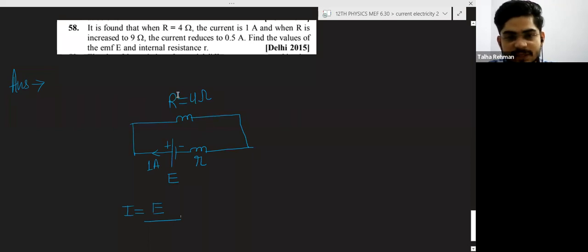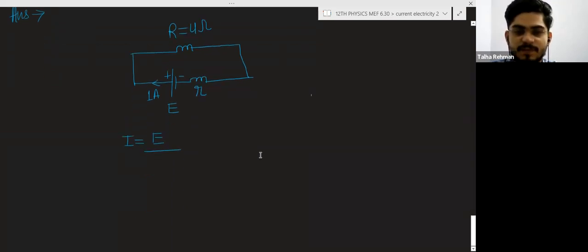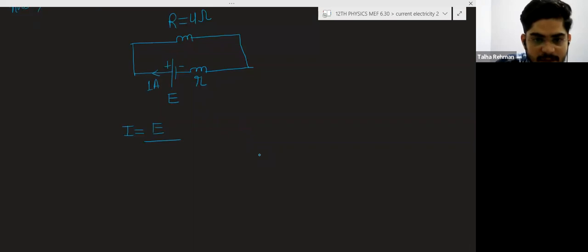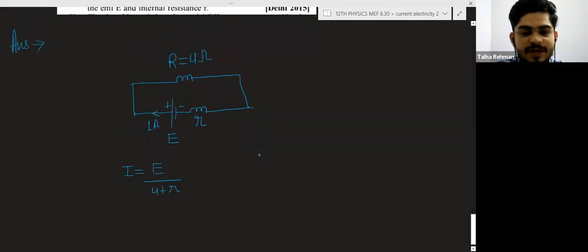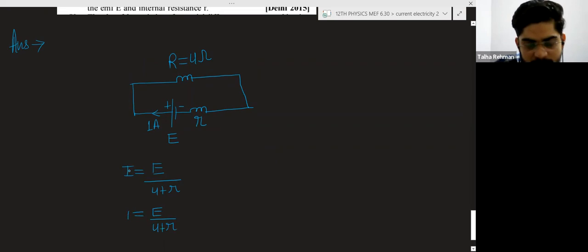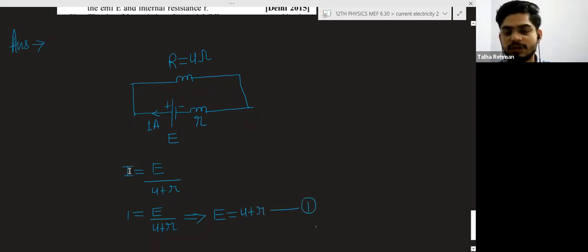Equivalent resistance will be the sum of this resistance and this resistance, because these two resistances are connected in series. So you will write this as 4 plus r. The value of I is given as 1 ampere, so put I as 1 ampere. You will get 1 equals E divided by 4 plus r. From here you will get the value of E, that is 4 plus r, and this is your equation 1.